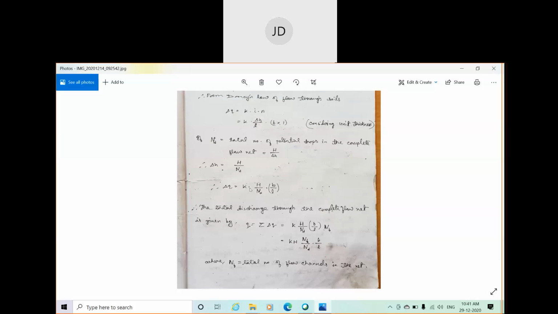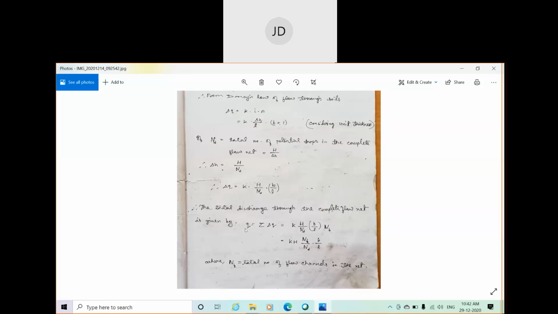If you know the number of flow channels, you can easily find the total discharge by multiplying this value of discharge through one flow channel with the number of flow channels. NF is the number of flow channels in the flow net, N for number, F for flow.